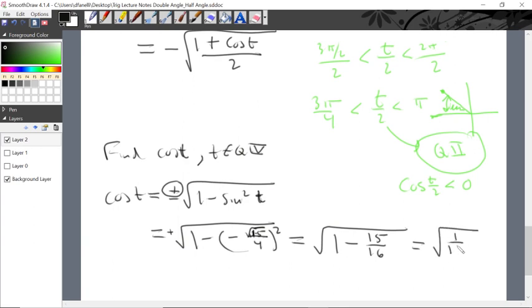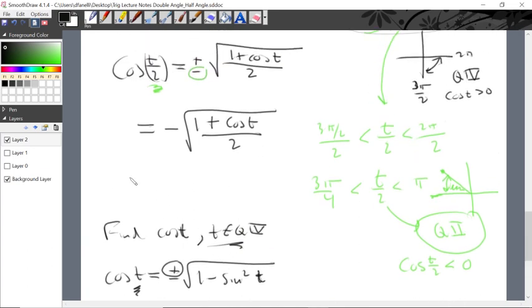So this is the square root of 1 over 16, which equals 1/4. Again, that is positive because t is in quadrant 4. So cosine of t is equal to 1/4. We go back to our formula: the cosine of t over 2 is negative the square root of 1 plus 1/4 over 2. Then we can simplify that from here.